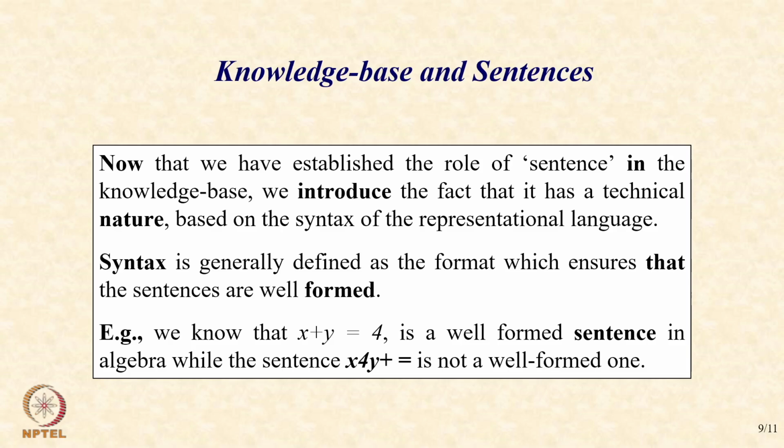On the other hand, if I write the same thing as x 4 y plus equal to, I have used the same 5 symbols, but it does not make any sense in algebra. It is garbage, so it is obviously not well formed. This is the first step that we need to ensure when forming a sentence: that it is as per the syntax of that representational language.